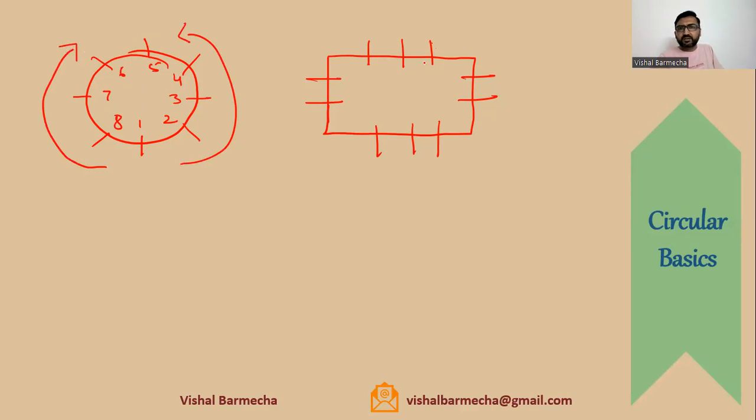But circle में not necessary. For example, यहाँ पे if I say this is 1 2 3 4, 1 and 4 are opposite. इस side से इतना लंबा distance है, but इस side से बहुत छोटा distance है. So that will vary in a rectangular table kind of setup. But otherwise, the left and right thing and whether which side they are facing, all those things are very similar to circular arrangement.